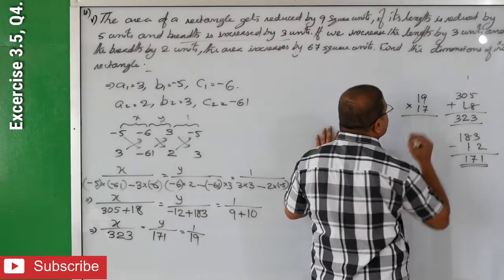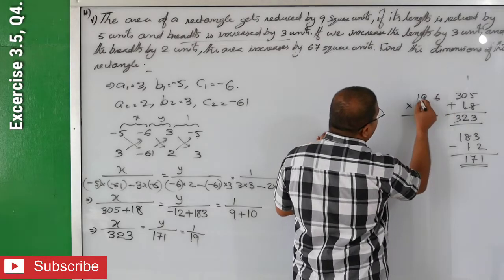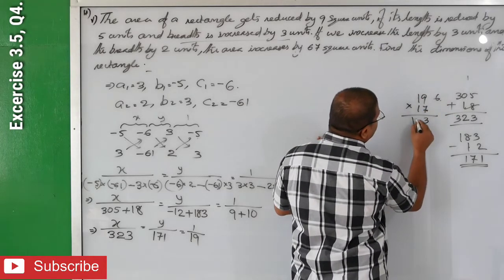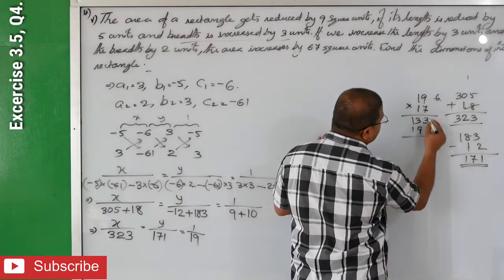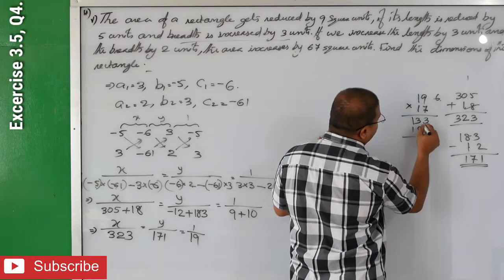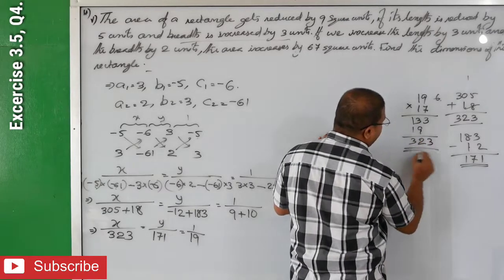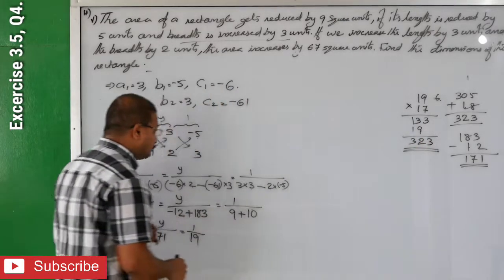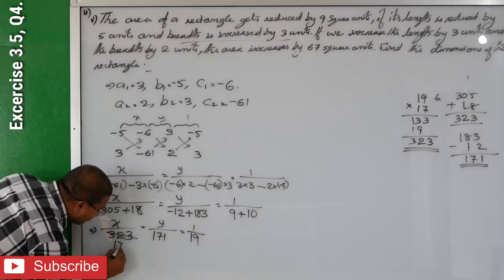See, 9 sevens are 63, that means 6 in hand. 7 ones are 7, 7 plus 6, 13. Now 9 ones are 9, 1 one is 1, that means 3. Adding 9 plus 3, 12, 1 in hand. Now 3. Ready? That means 323.